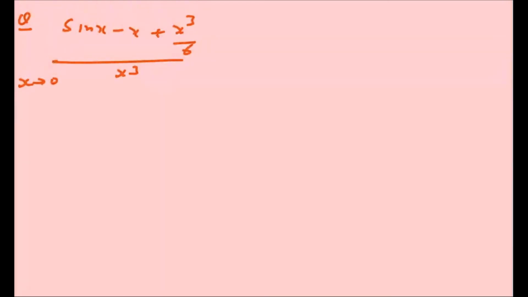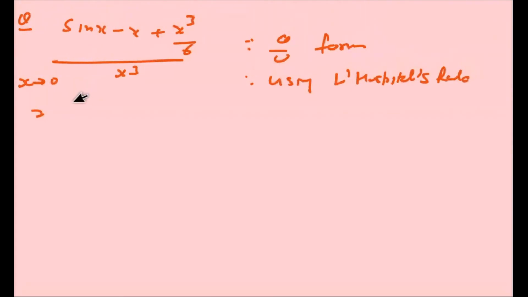If we want to find the limit using L'Hospital's rule, putting the values, sin 0 is 0, minus 0, 0 cube is 0, so it is 0 upon 0 form. This you have to check. Hence using L'Hospital's rule, we can differentiate it: (cos x minus 1 plus 3x square upon 6) upon 3x square, as x tends towards 0.